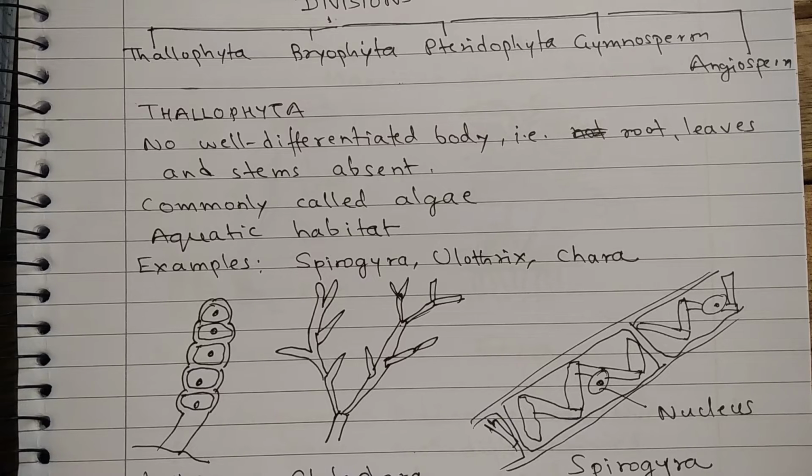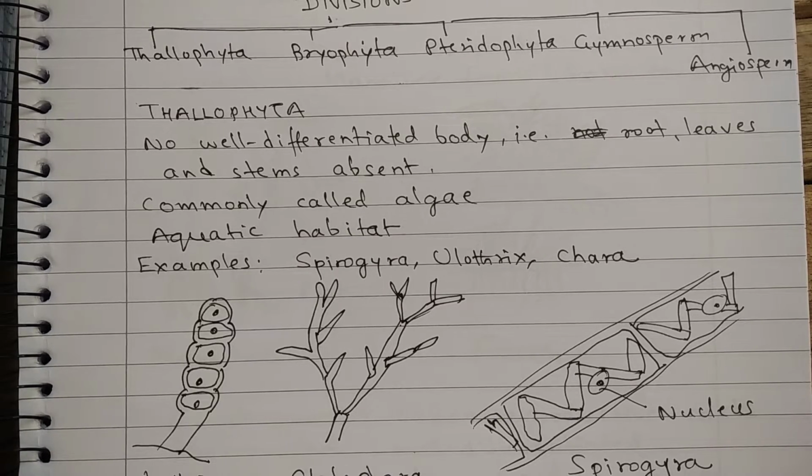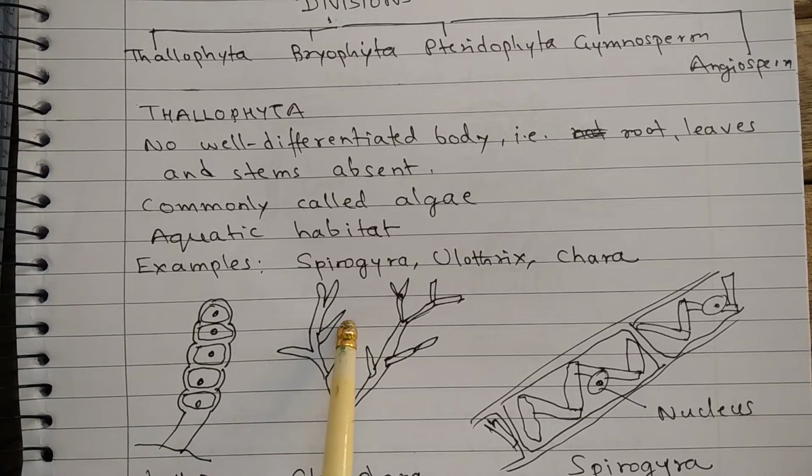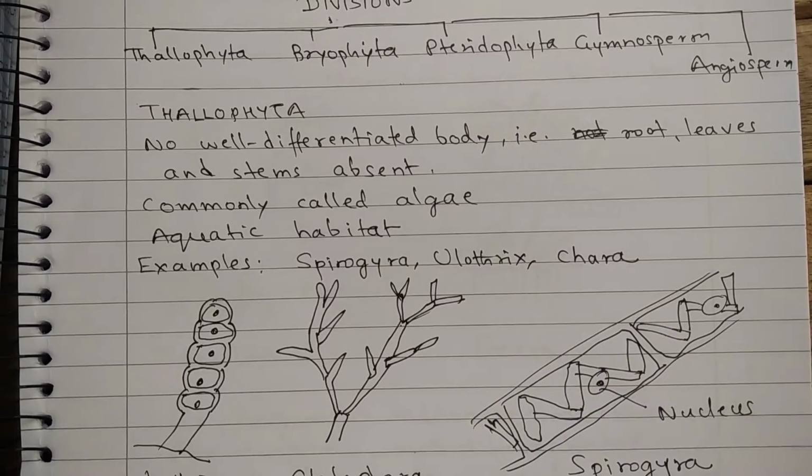They are found in marine and freshwater habitat. They are also found at damp places. Some examples are Spirogyra, Ulothrix, Chara.